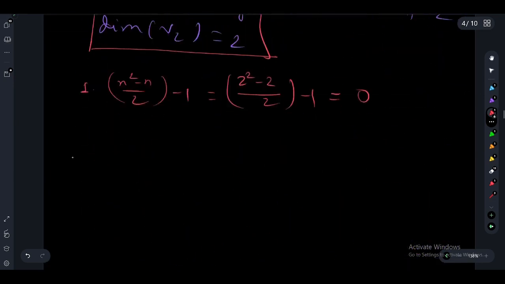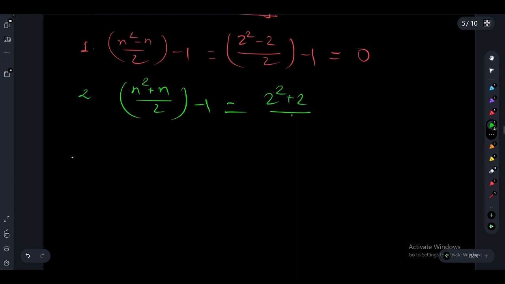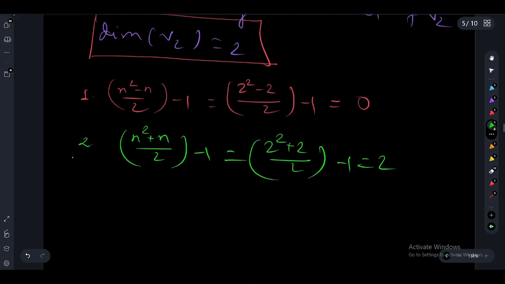Now look at option 2. Option 2 is n square plus n by 2 minus 1, which equals 2 square plus 2 by 2 minus 1, and this simplifies to 2. So option 2 may be a correct option, but we can't say this is the correct option because we have considered a special case.